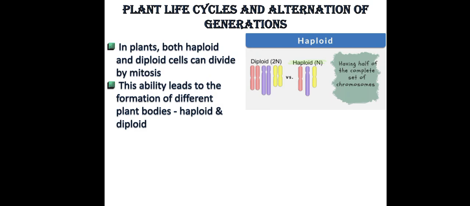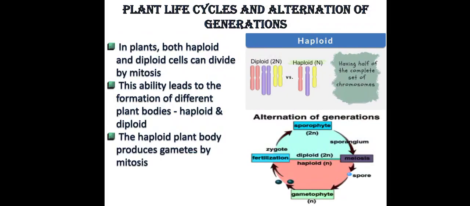Haploid means having half of the complete set of the chromosomes. If the haploid number is n, the diploid is exactly double, the 2n. The haploid plant body produces gametes by mitosis, and this plant body represents a gametophyte.